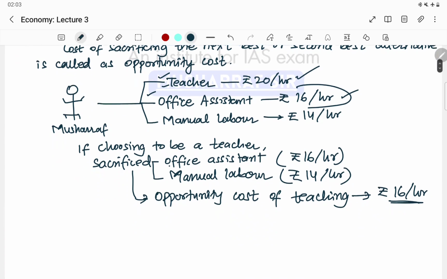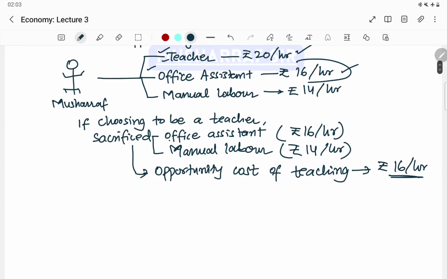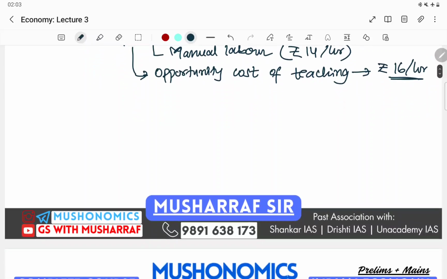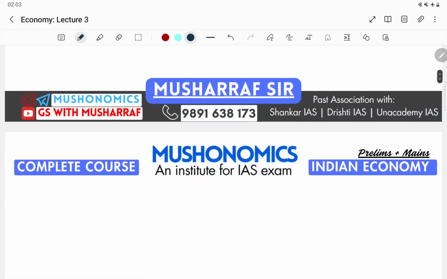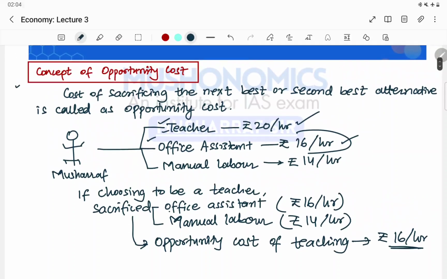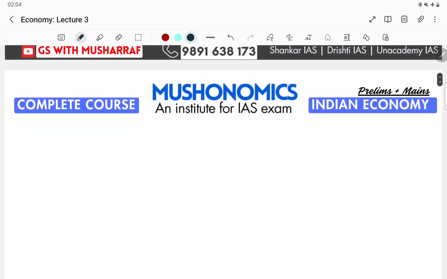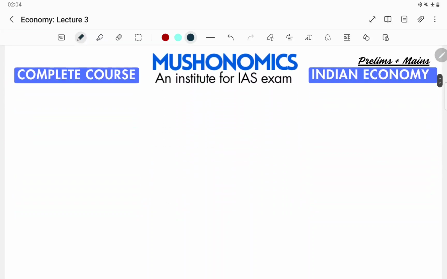I guess we have understood this. We can move forward. We will utilize this concept a little later, that is marginal opportunity cost, and in other places also. But as of now, we will move to the next concept, and the next concept is production possibility curve.